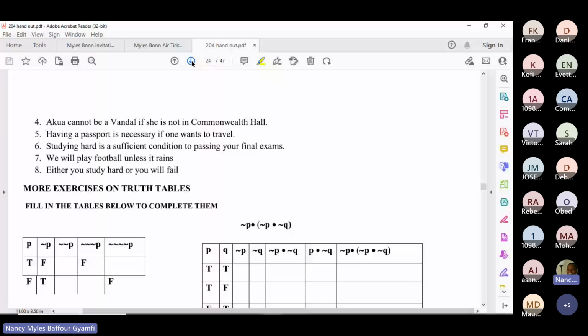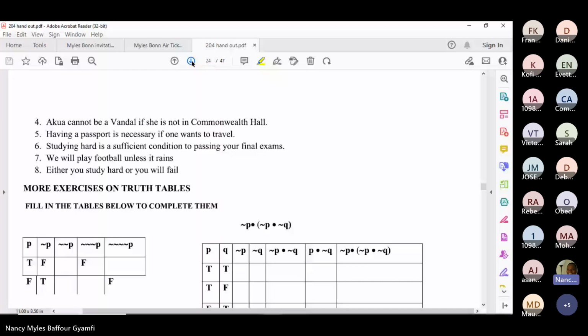Now give me a translation of the whole thing. C conditional V. Look at the expression again.